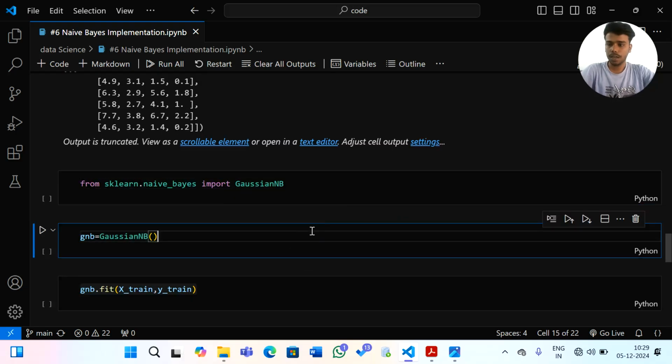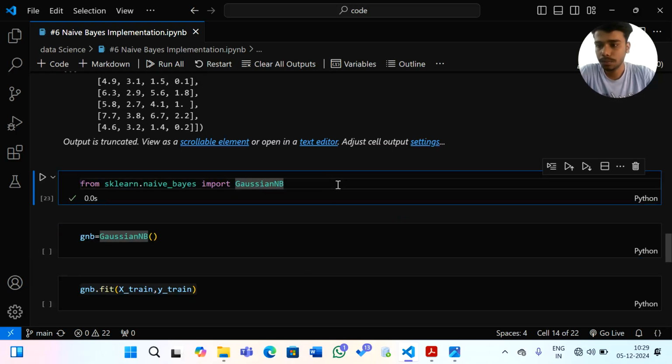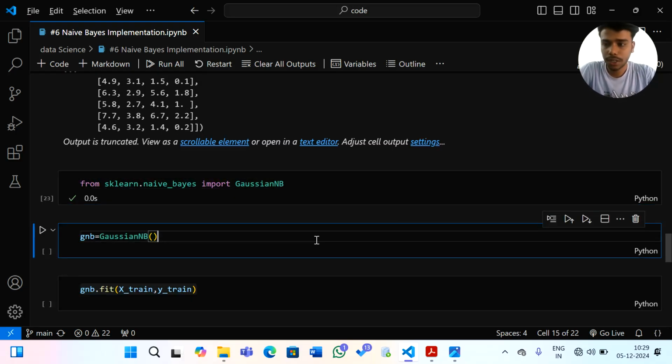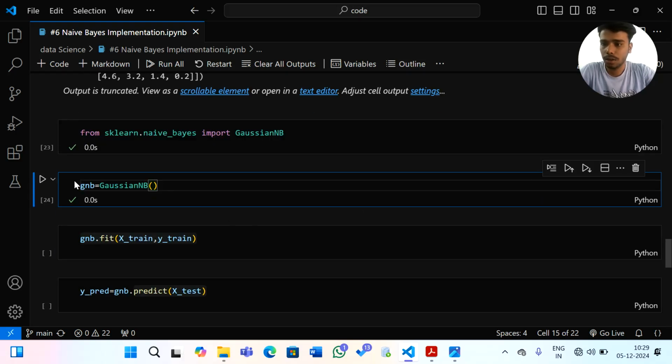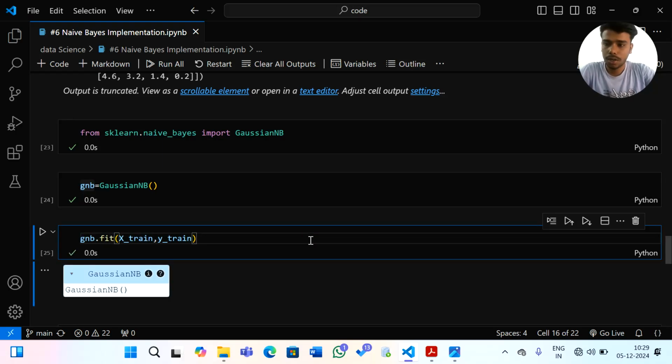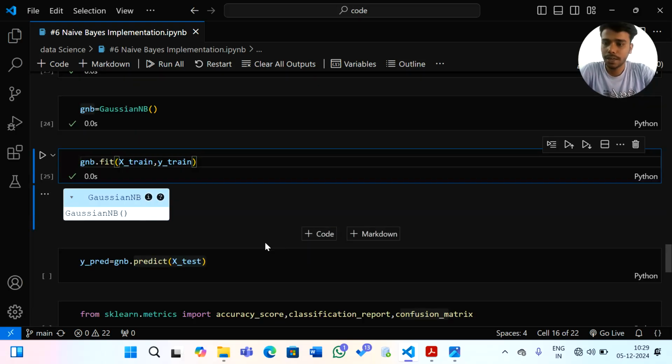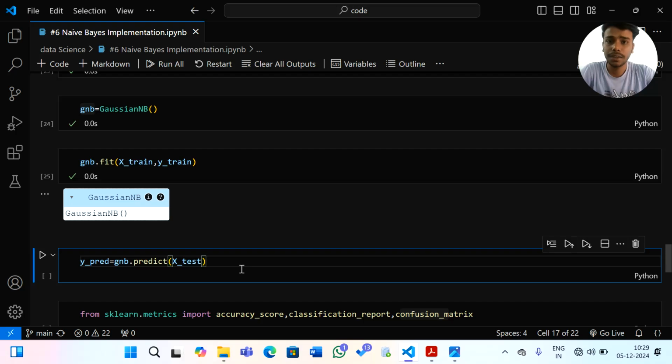Let's run it first. Then this is the Gaussian NB model, which we are storing in GNB. Then we fit this training data, and now we predict the outputs for the X test data so that we can evaluate our model.